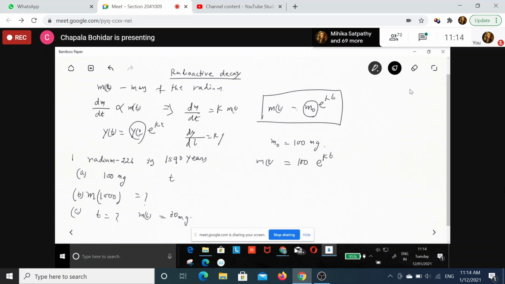Clear? Okay. Then what is given? When t is equal to 1590, it is the half-life. Half-life means 100 by 2, that is your 50.